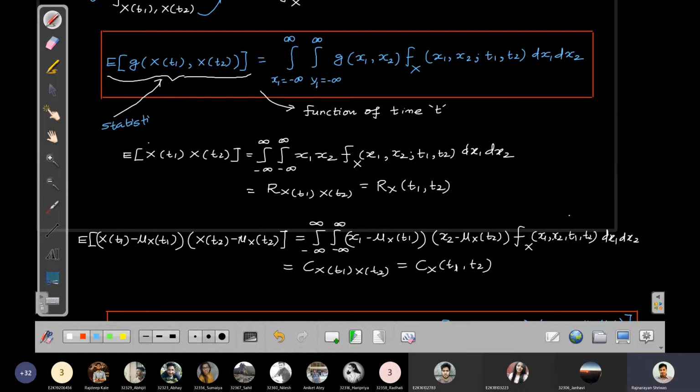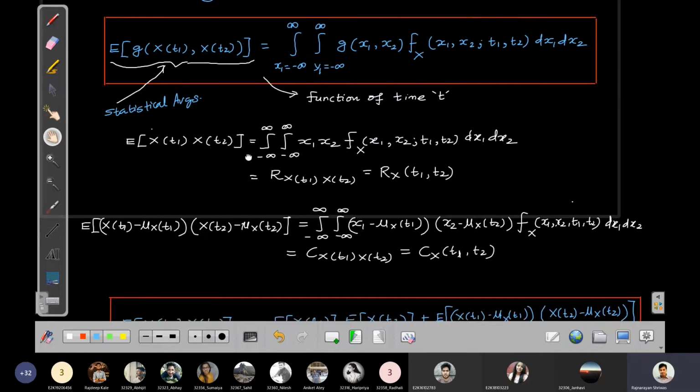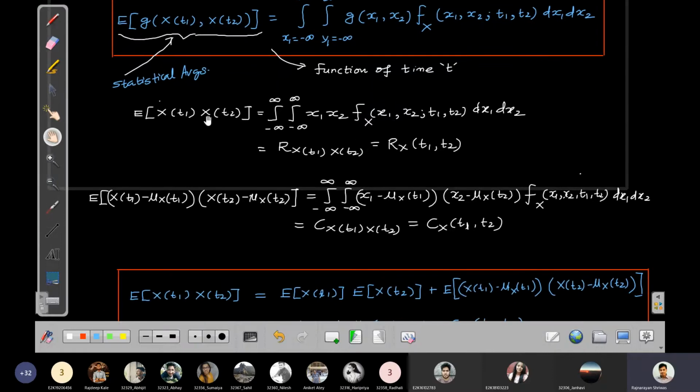I can have infinite statistical averages of two random variables, but the most important statistical averages are autocorrelation and autocovariance. Auto means you have two random variables from the same random process.